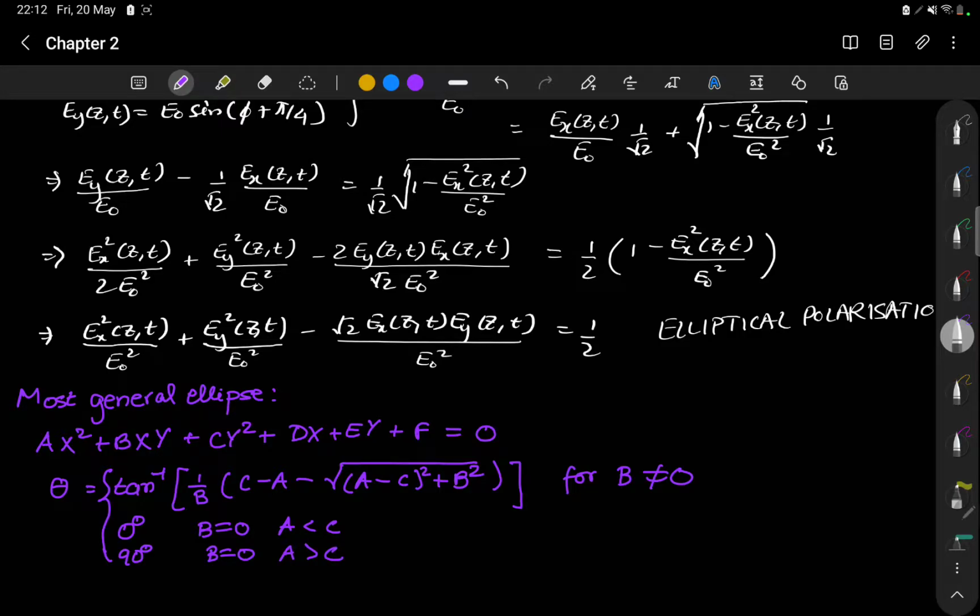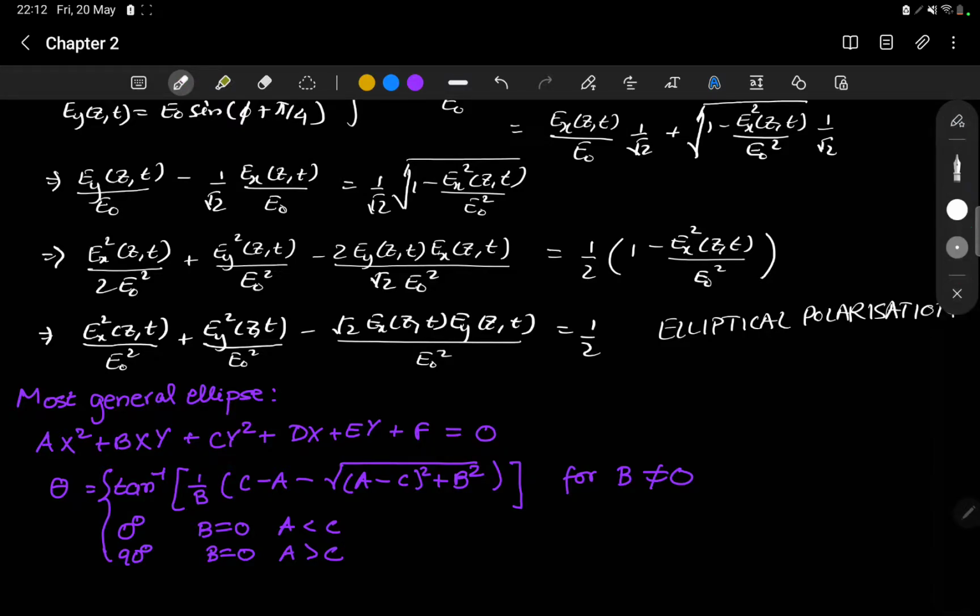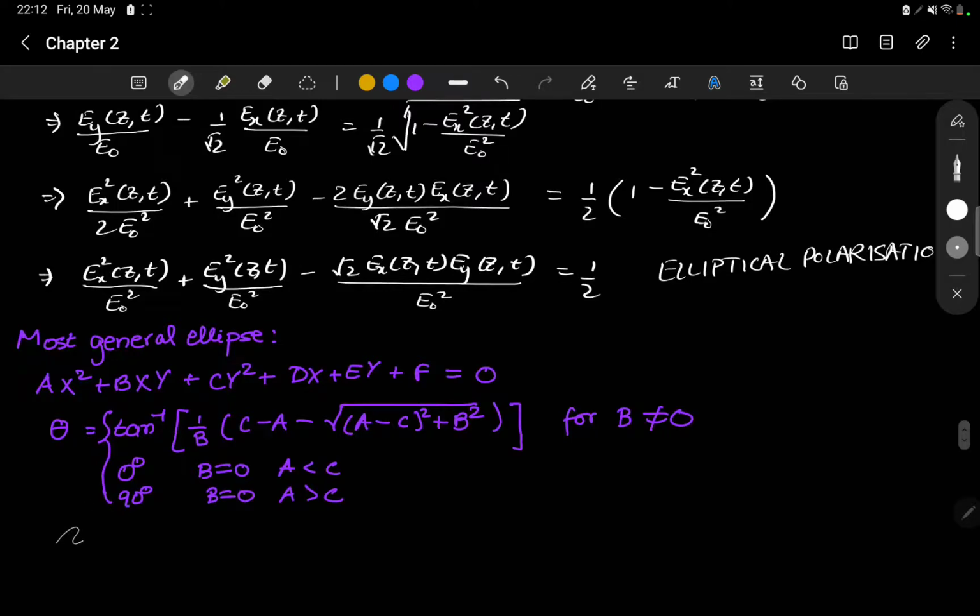Now in our case, b is non-zero. So for our case, theta is equal to tan inverse. B is this number over here for our case.